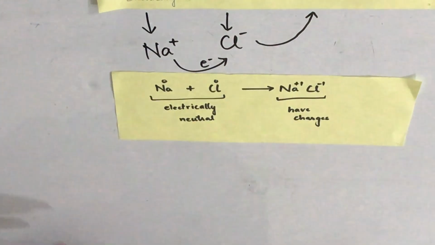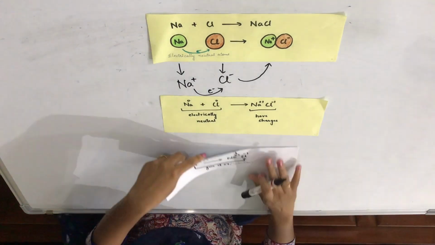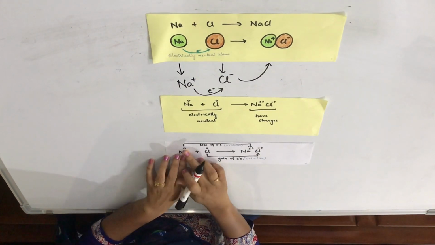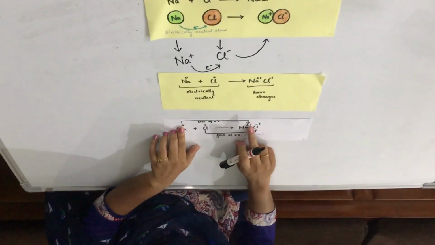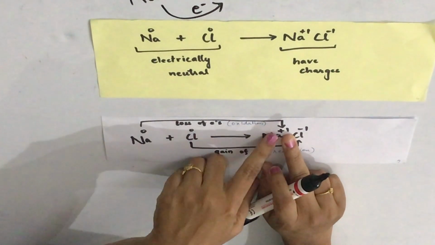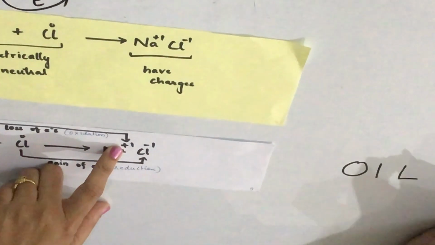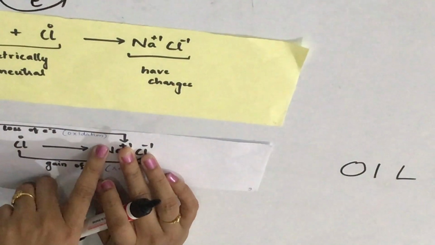Now if you see, when this reaction is occurring, Na, which was 0, has lost one electron, and loss of electron is oxidation.